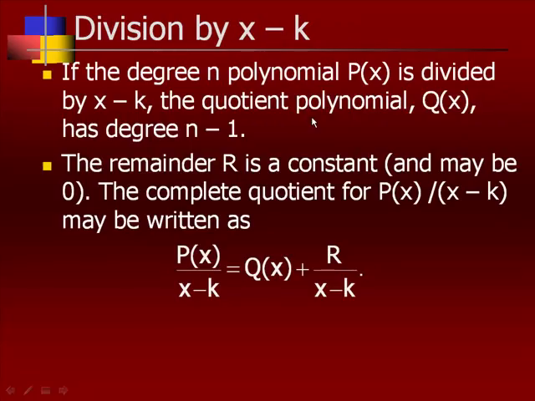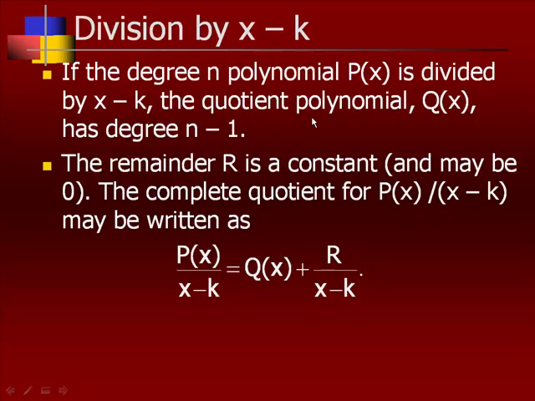Now, if the degree n polynomial p of x is divided by x minus k, the quotient polynomial, which we'll call q of x, has degree n minus 1. The remainder r is a constant and may be 0.